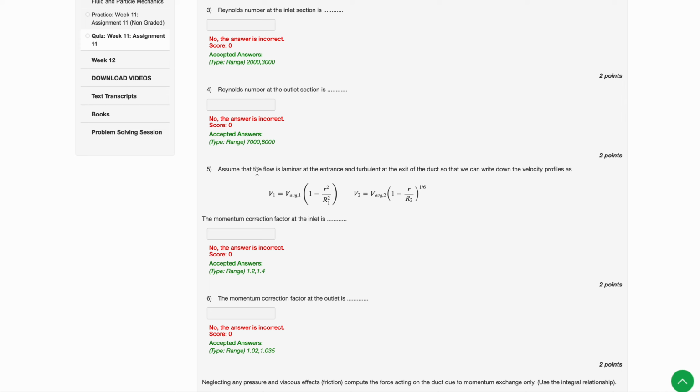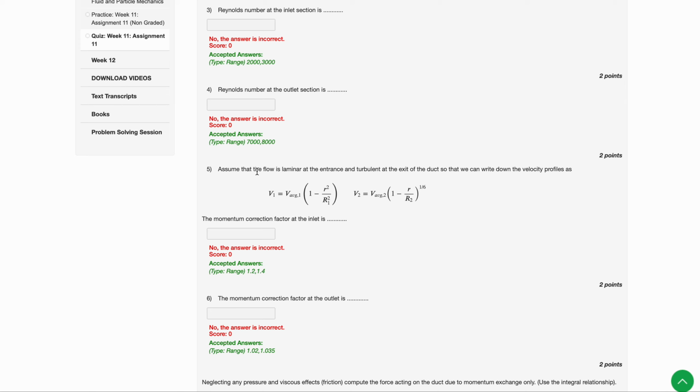So what it says, assume that the flow is laminar at the entrance. As you can see, the Reynolds number at the inlet is 2514, just crossing the critical Reynolds number.